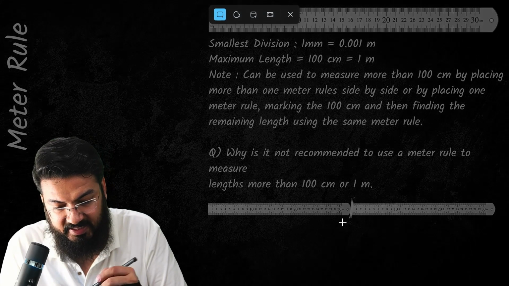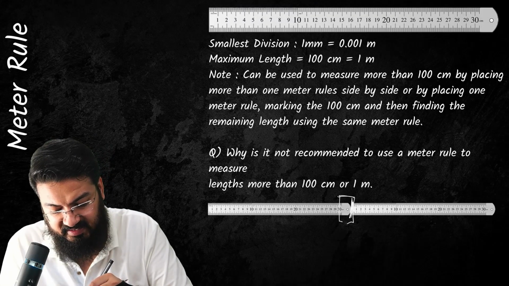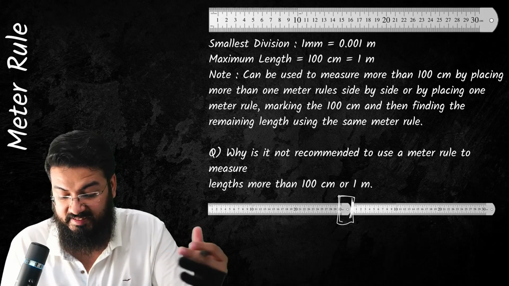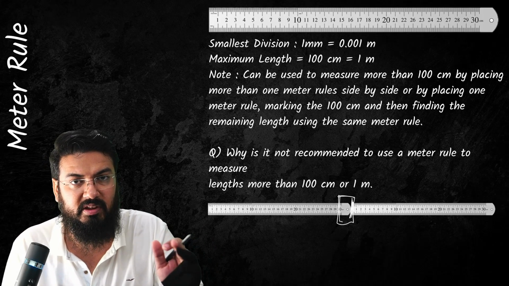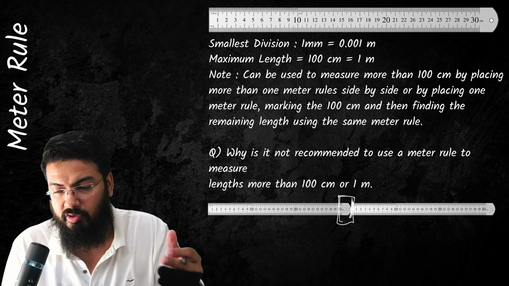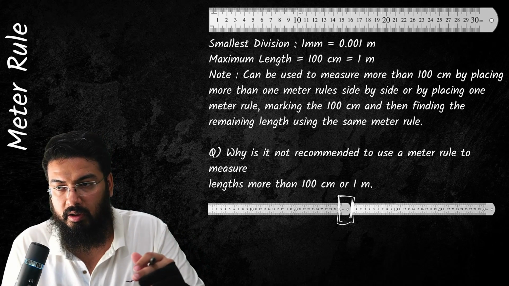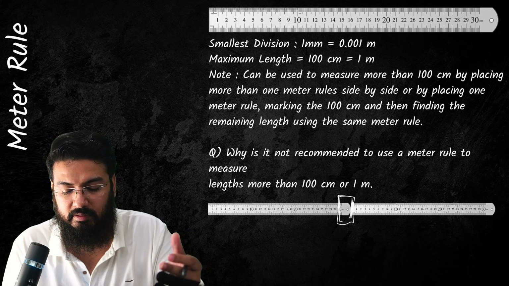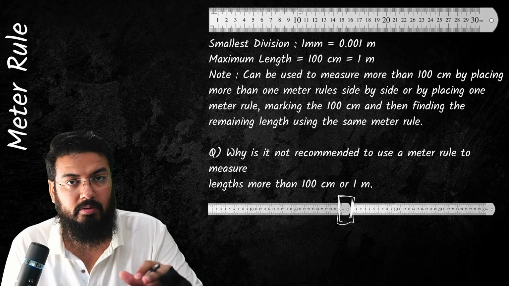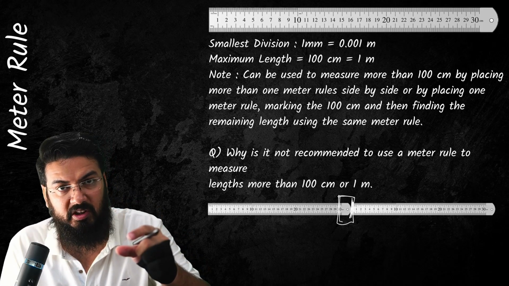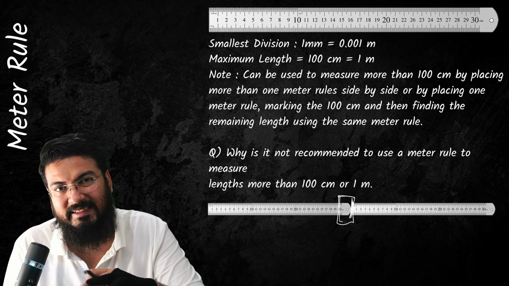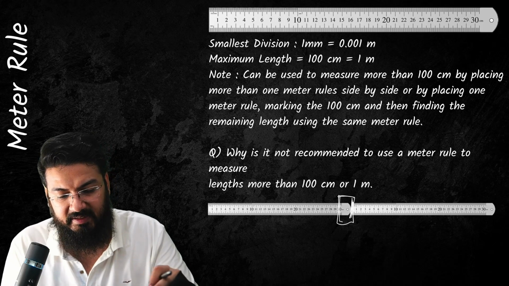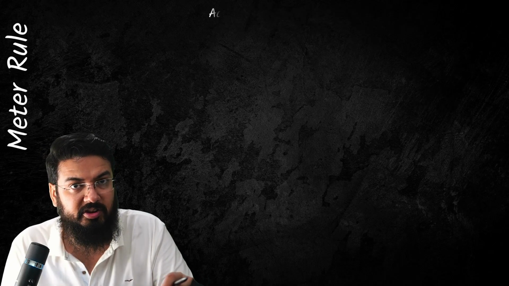There's this dead space over here, which again can give you an inaccurate reading. So there are several problems that you can run into. Of course you can solve them by being careful, but still it's a hassle. So for the meter rule, the smallest division is 1 millimeter, and the maximum length is technically 1 meter, but you can bypass that.